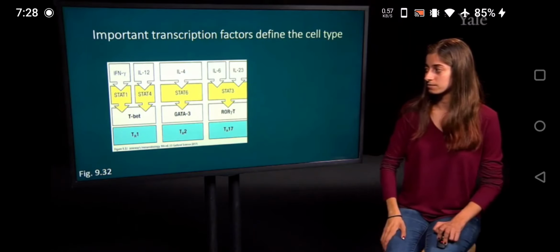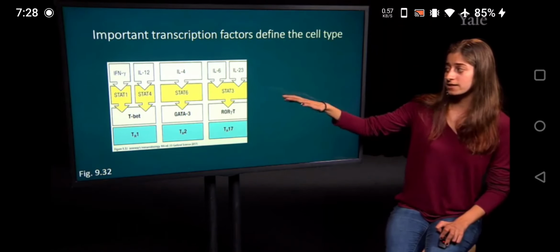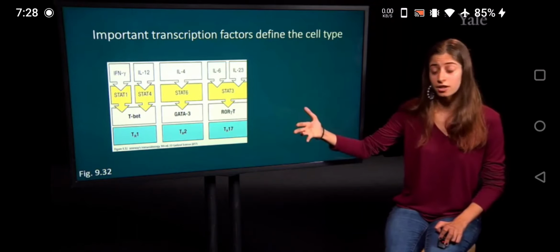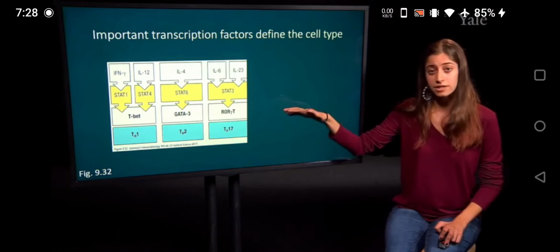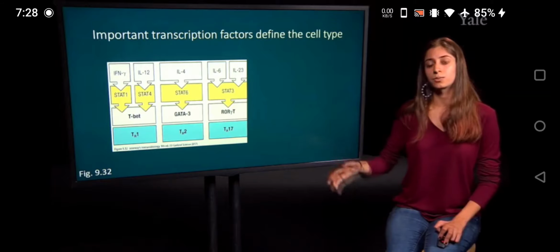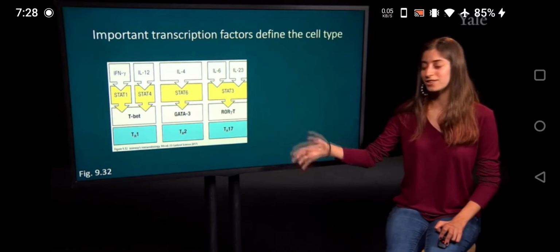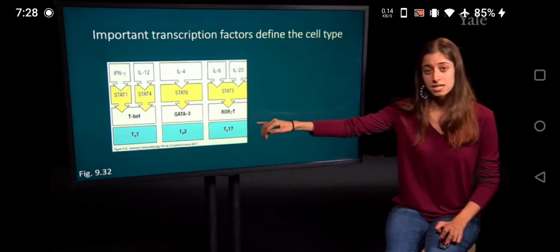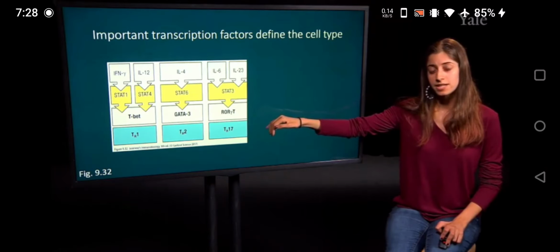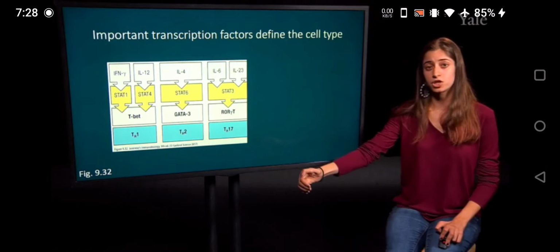IL-6 and IL-23 together can induce STAT3, the transcription factor, which will then activate the expression of ROR gamma T. ROR gamma T then drives the expression of a set of genes that will define the identity of Th17 cells.